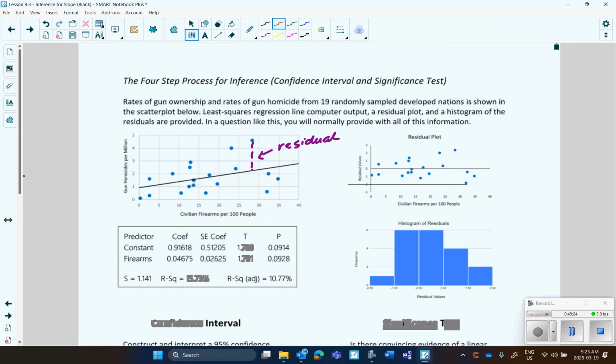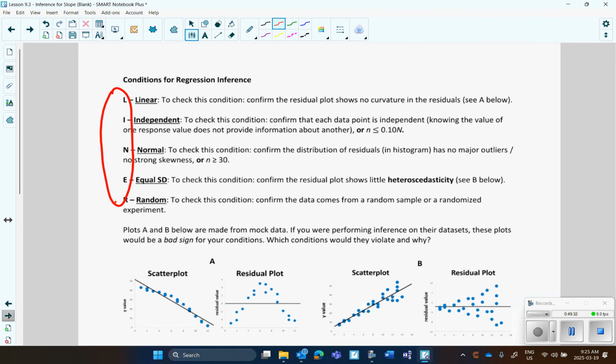Same amount above, same amount below. This tells me the linear condition is met. Independent: is our sample size less than 10% of the population? Well, is 19 nations less than 10% of all nations in the world? Yes.